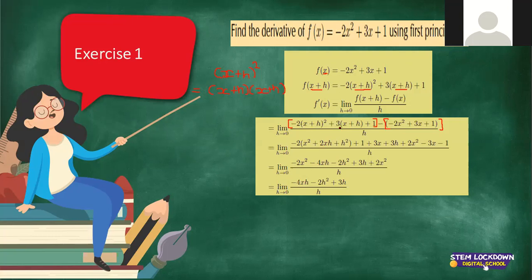And then you have 3 times x, which is 3x. And then the 3h is the one taken up. And then you have a negative multiplied by a negative, which is a positive.